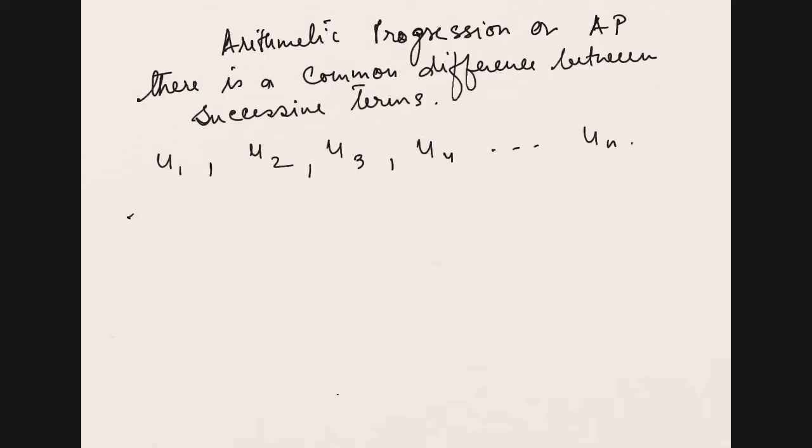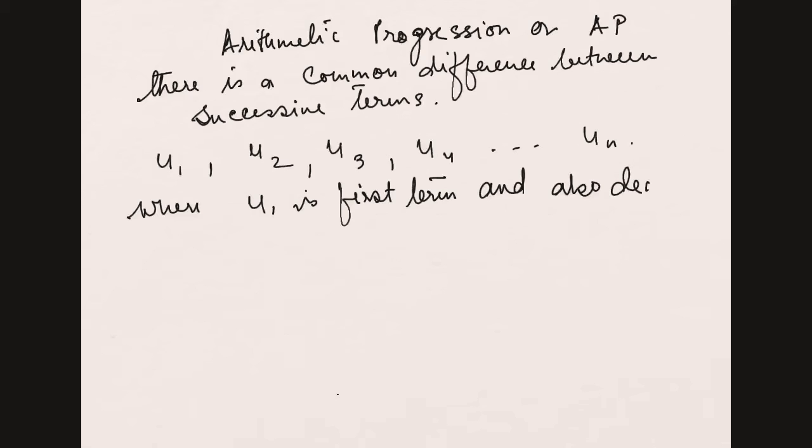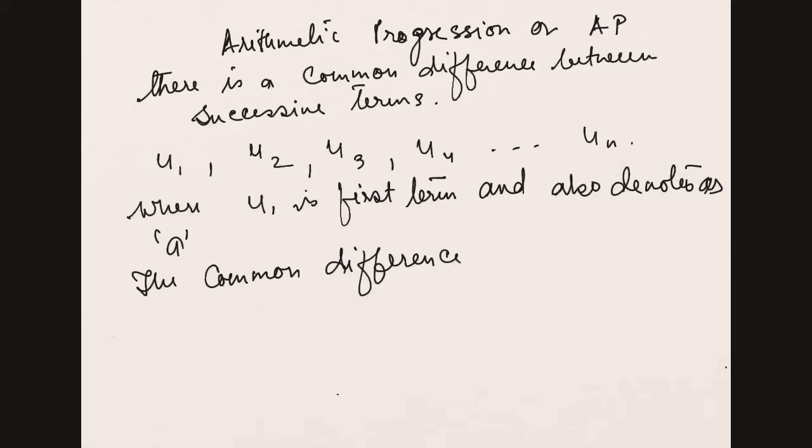Now, U1 is the first term, and this is popularly denoted as A. The common difference, or CD, is termed as D. And what is D?